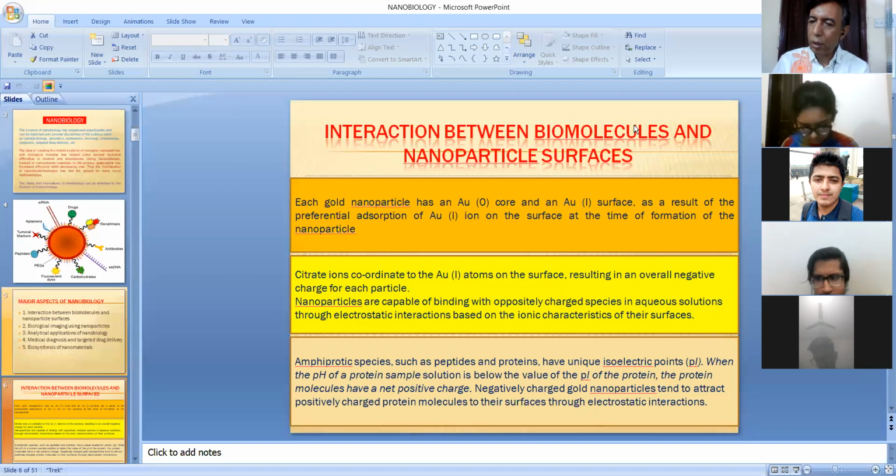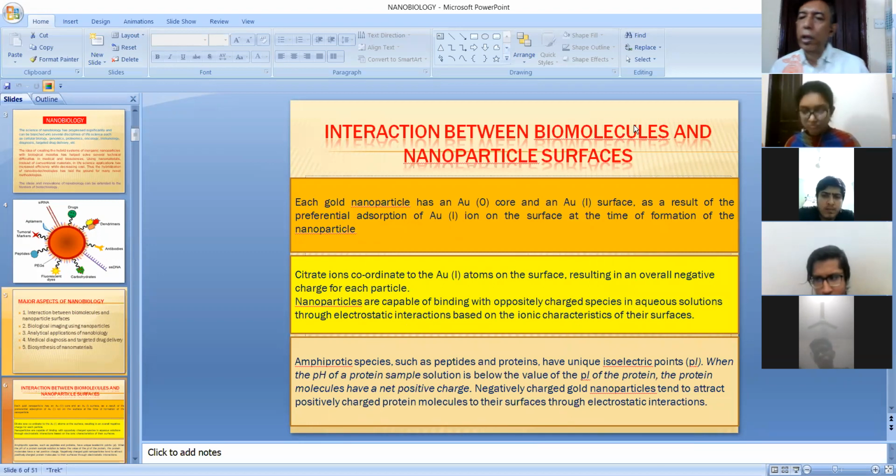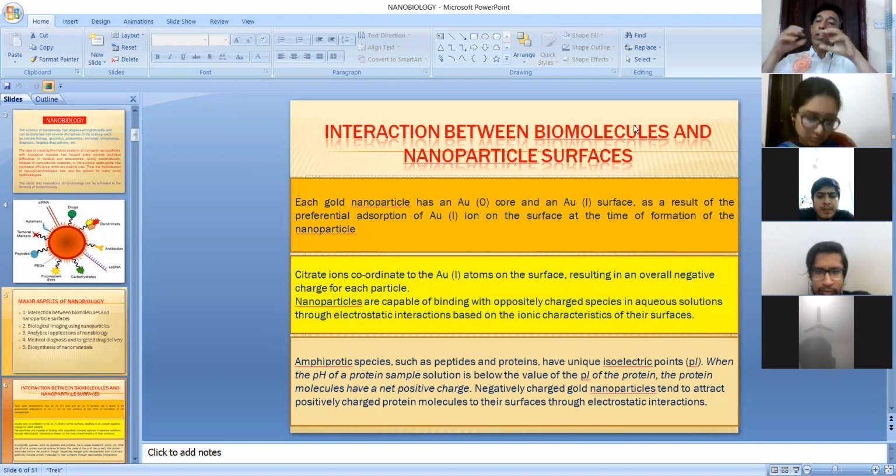So at the isoelectric point, the protein will have charge 0. Below the isoelectric point, the protein will have a positive charge, and above the isoelectric point, the protein will have a negative charge. So, what is the isoelectric point again? I'm telling you, the isoelectric point actually is a pH.